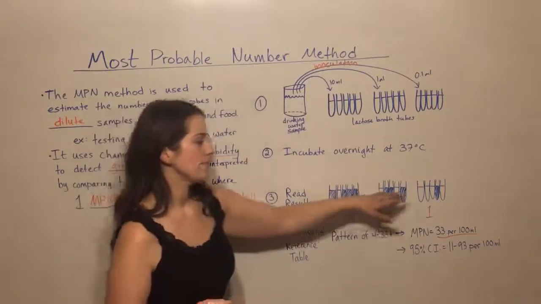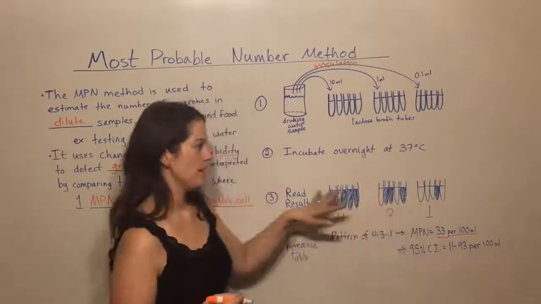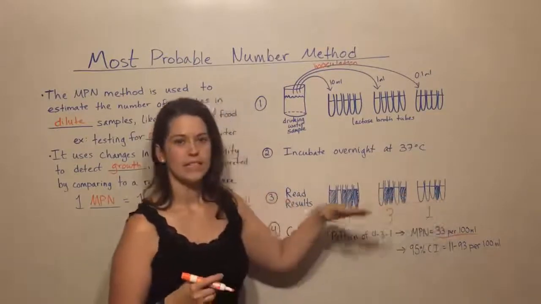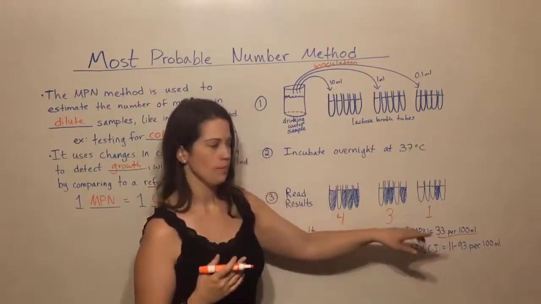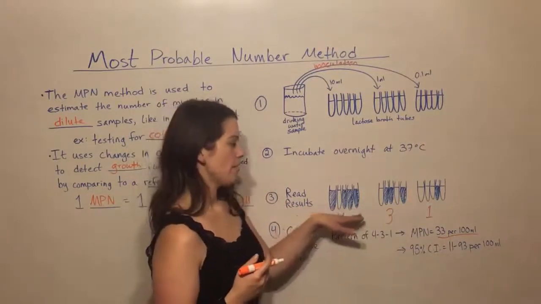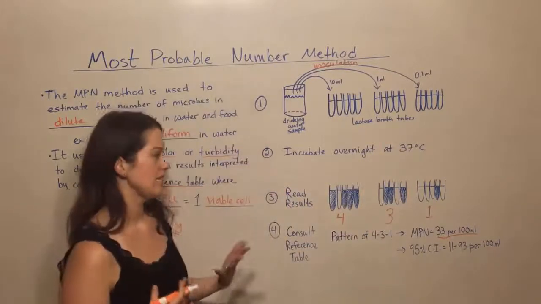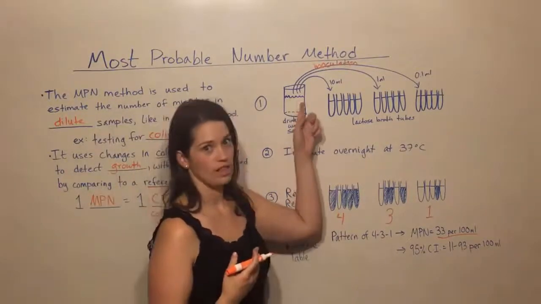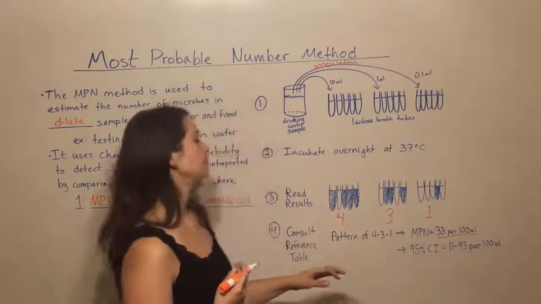Now, if we had gotten different patterns, if it had been 4, 4, 1, or if it had been 5, 2, 1, different patterns will result in a different most probable number. But with this pattern of 4, 3, and 1, the best answer statistically is that for every 100 milliliters of that sample, we have 33 coliform bacteria.